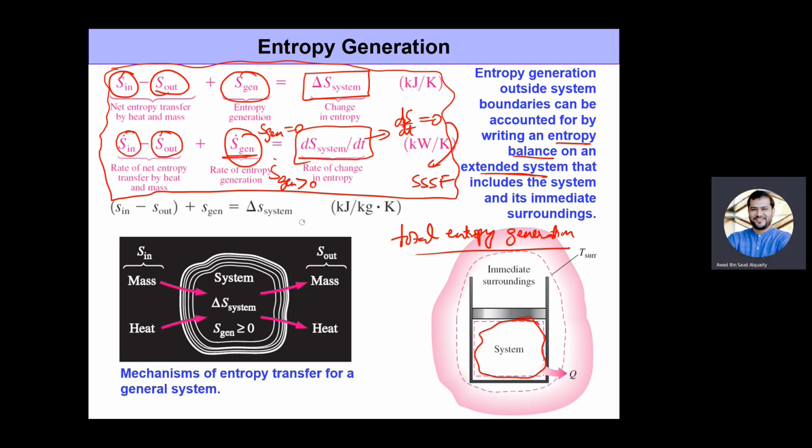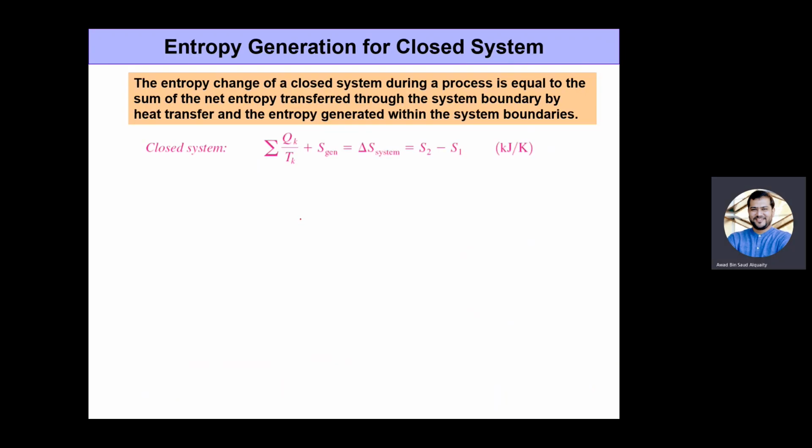All right, so with that, let's move forward and talk specifically again about a closed system. Now, for any closed system, the entropy change of that system during any process that it undergoes is going to be equal to the net entropy that is transferred through the system, which can only happen through heat transfer for a closed system because there's no mass transfer at all, plus the entropy which is generated within the system boundaries.